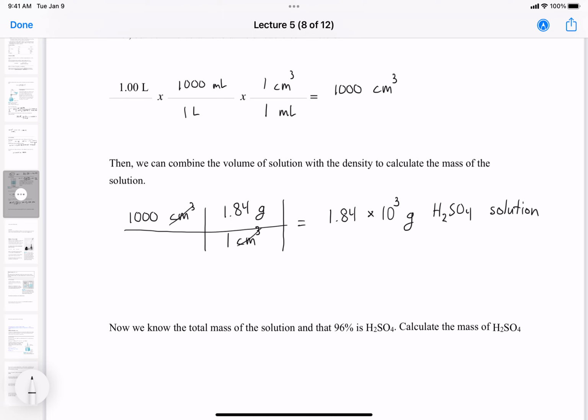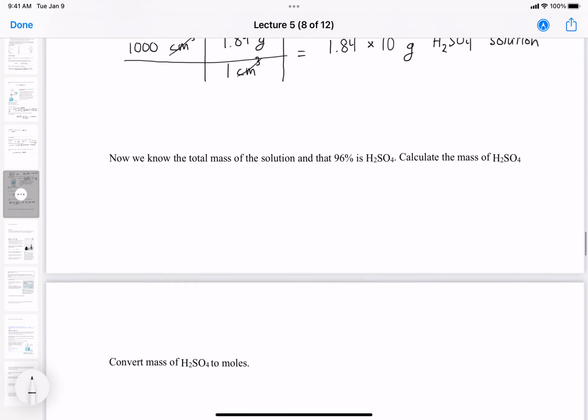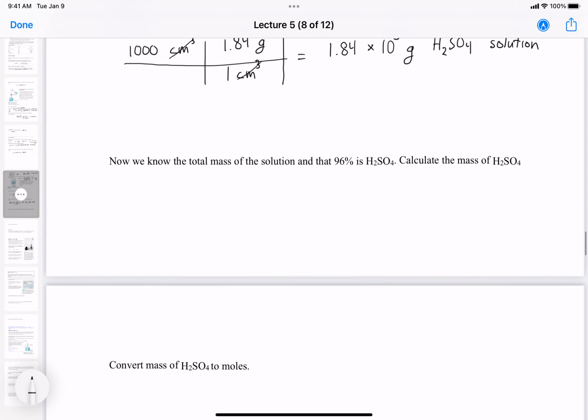Okay, so now that we have the total mass and we know that our solution is only 96% H2SO4, we can now figure out how much of that mass is exactly sulfuric acid. So 1.84 times 10 to the third grams solution.